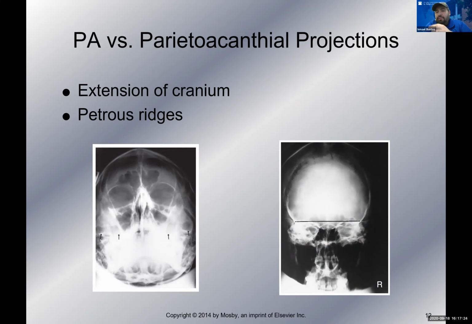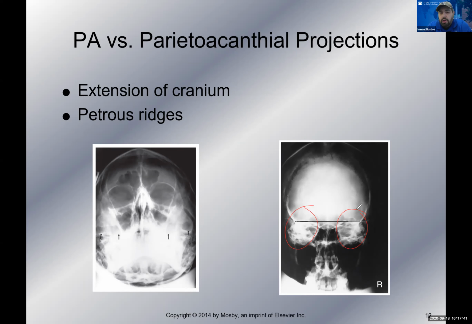For a straight PA projection with no angle of the CR, you'll notice that the orbits of the patient will be filled with bone. These orbits are filled with the petrous ridges, or petrous pyramids.